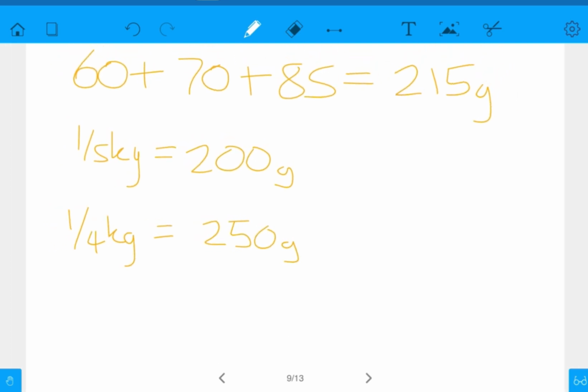So we can say that this 215 grams is between 200 and 250. So we can say 1/5 of a kilogram is less than 215 grams, which is less than a quarter of a kilogram.